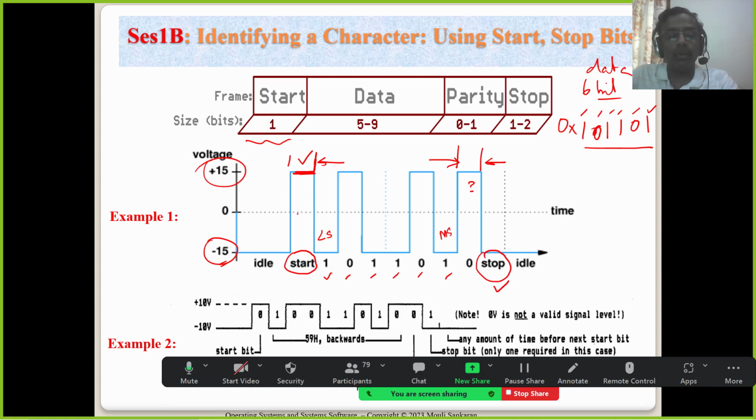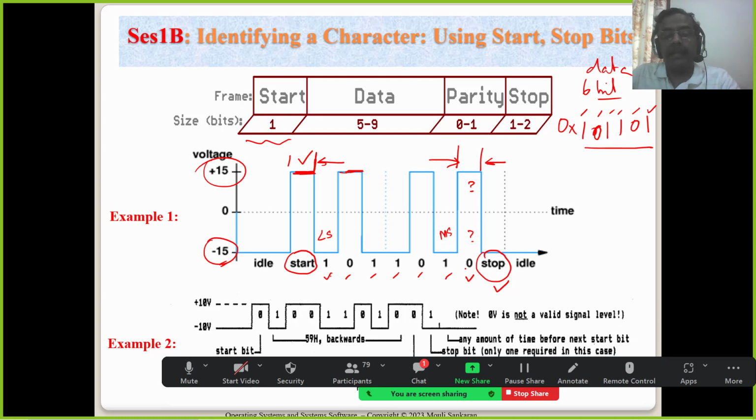You know the encoding. You will put a negative value for a binary 1 and positive voltage for a 0 value. You have taken care of sending the data bits. Now you have to compute the value of the parity based on what I would have given you. In this case it says 0. That means if you count the number of ones along with the parity bit, 1 2 3 4, 4 ones are there and the parity bit happens to be 0.